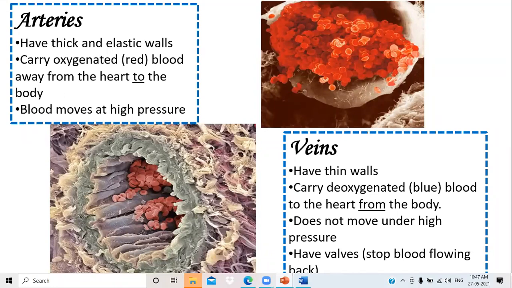It carries what? Which type of blood? Red, which is the oxygenated blood, right? Arteries carry oxygenated blood, except one artery.